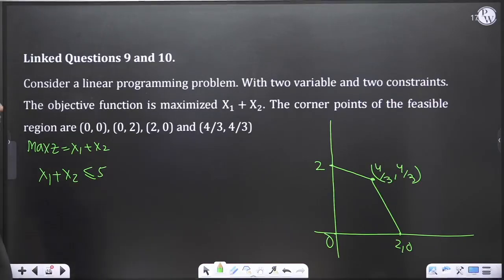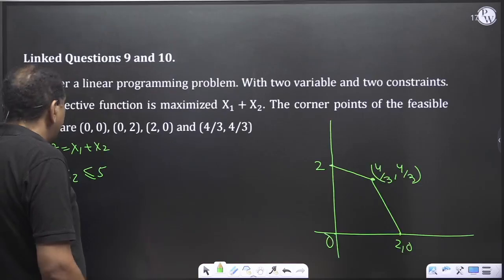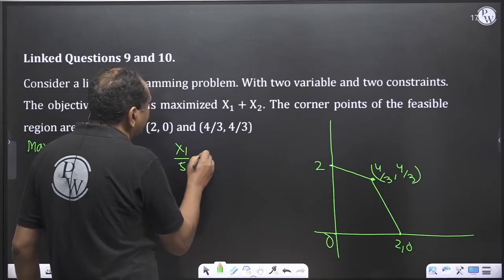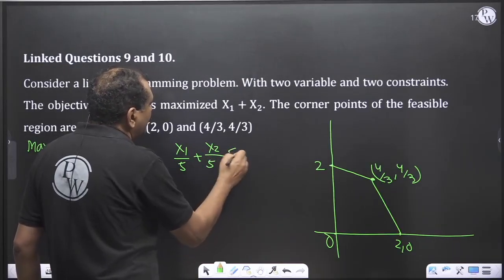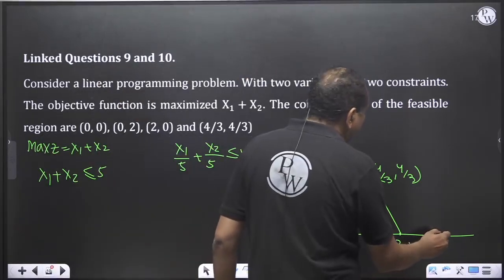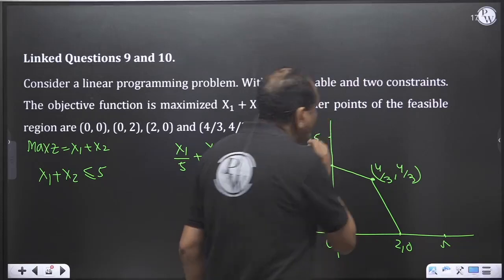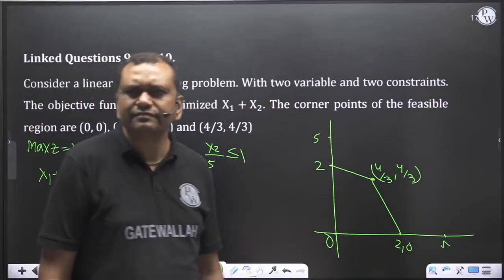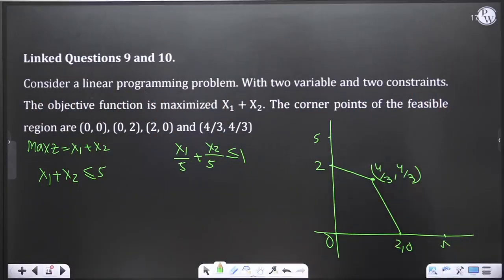So it's x1 by 5 plus x2 by 5 less than or equal to 1. So 5 here and 5 here. So you can just plot it.